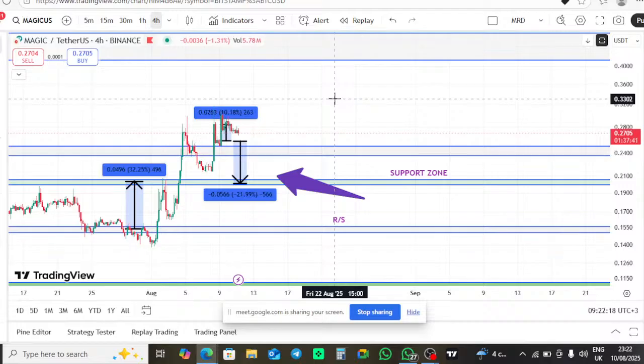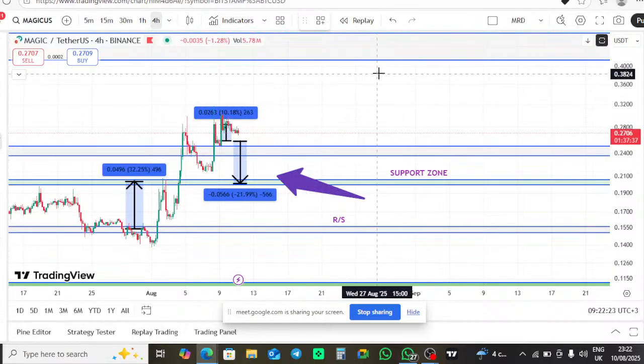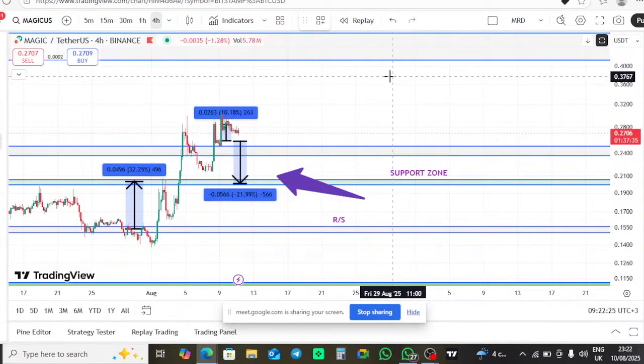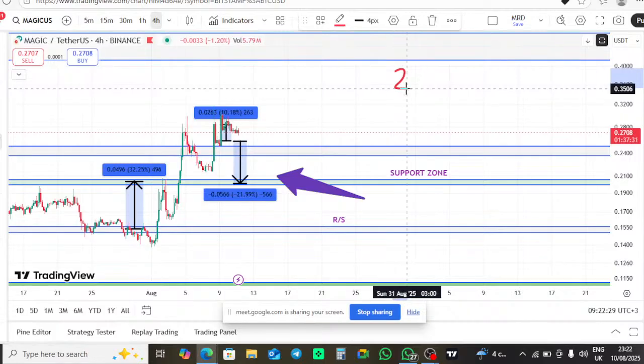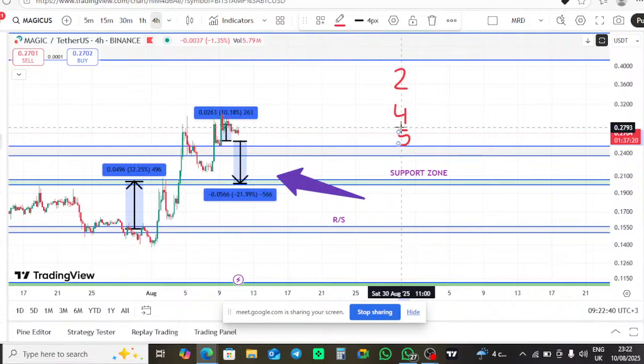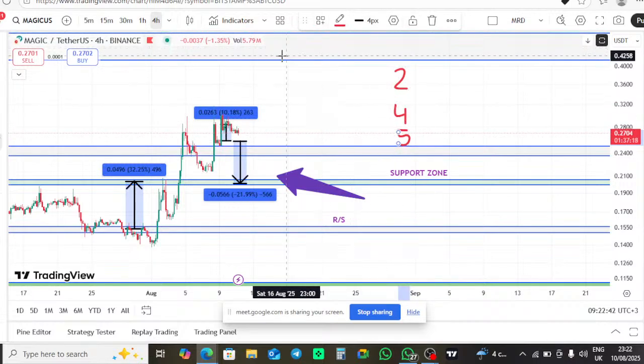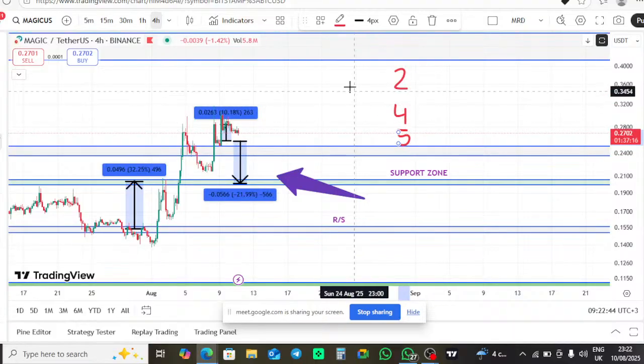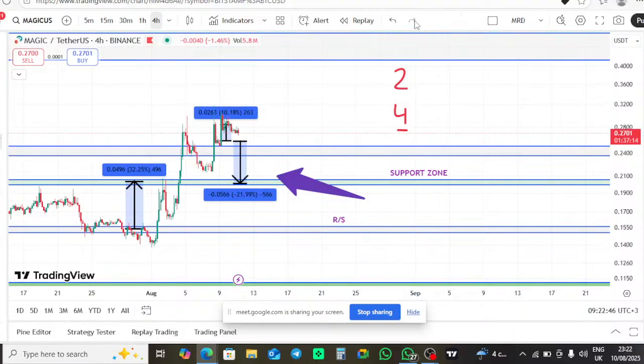For example, you have 2, you have 4, you have 6.